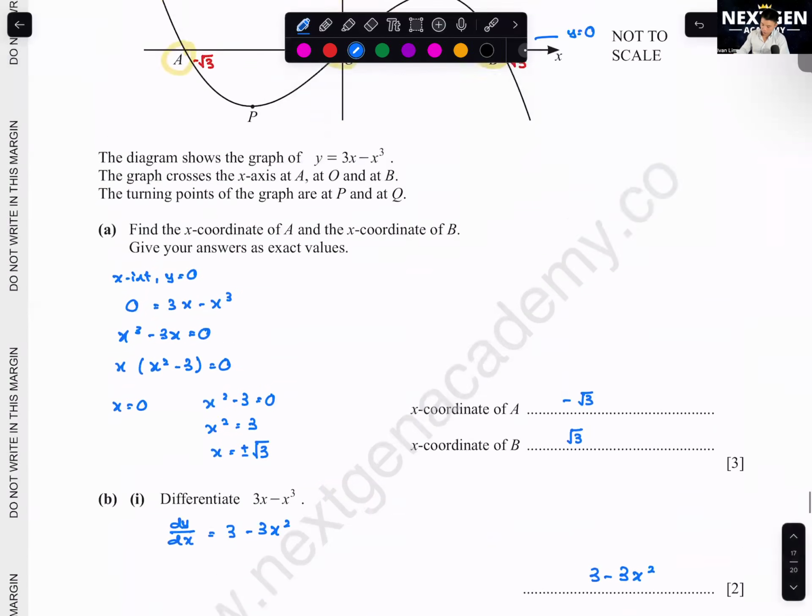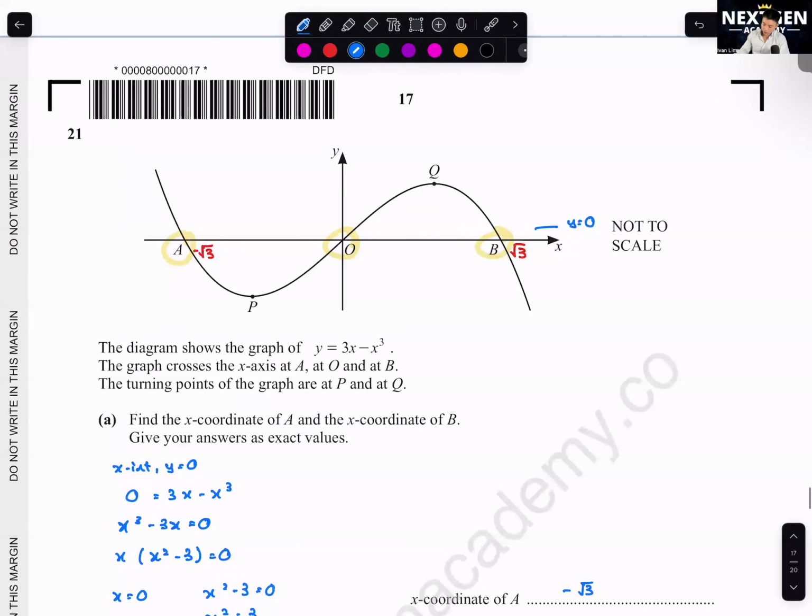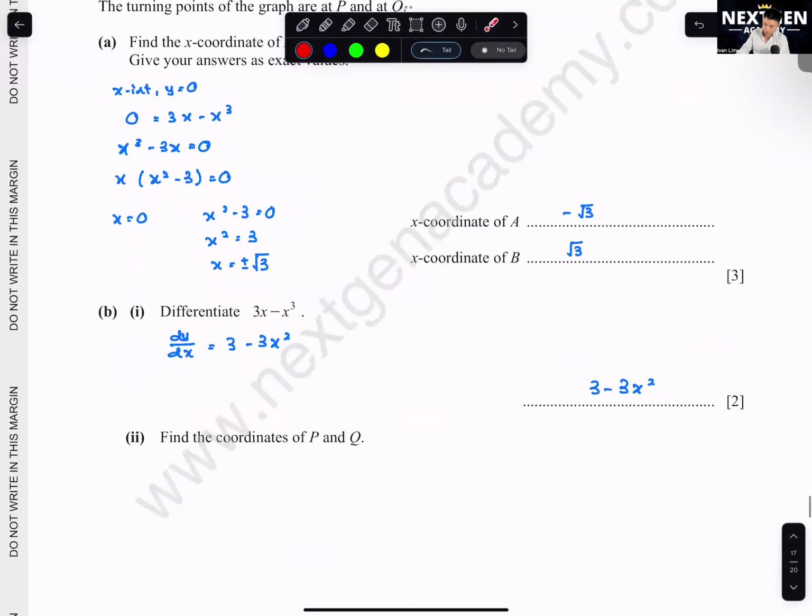Okay, then to find P and Q. P and Q is the turning point. What do we know about turning point? Is that the dy over dx is equals to 0. So we already got dy over dx equals to 3 minus 3x squared.